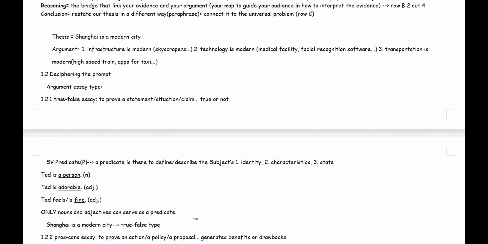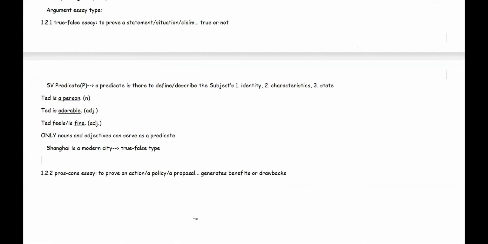Even if we see "eating healthy is important to any individual," even though we say important, it is still true-false. It is not pros-cons.